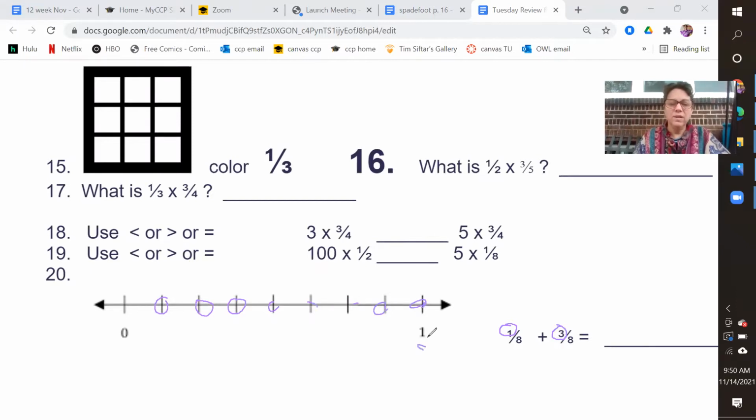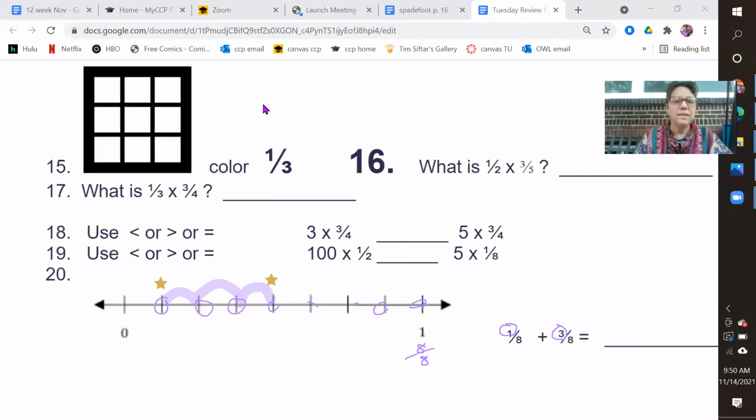You see that 1 is 8/8, right? Any number the same on the numerator and the denominator is always going to be the same. So we have 1/8. So I'm going to start there. 1/8, and I'm going to add 3/8. So all I have to do is go 1, 2, 3. Okay, those are jumps or hops. And so the answer is this one.